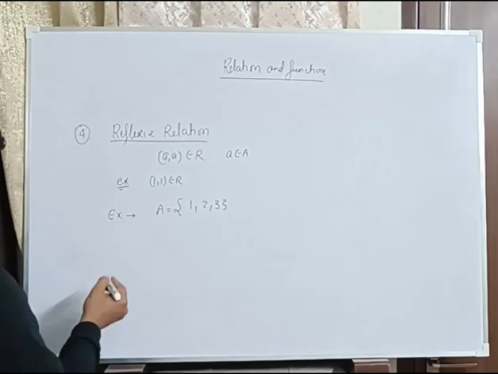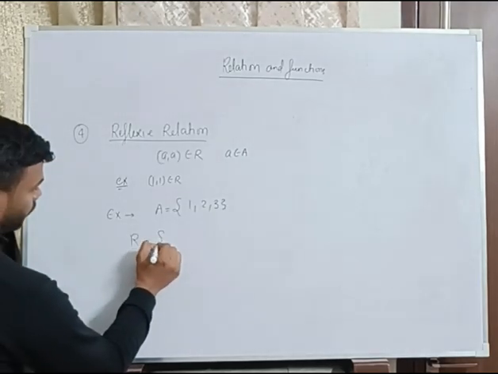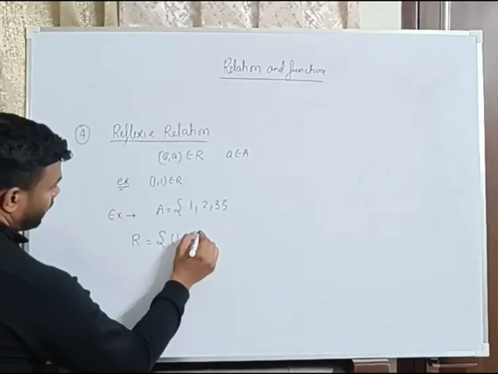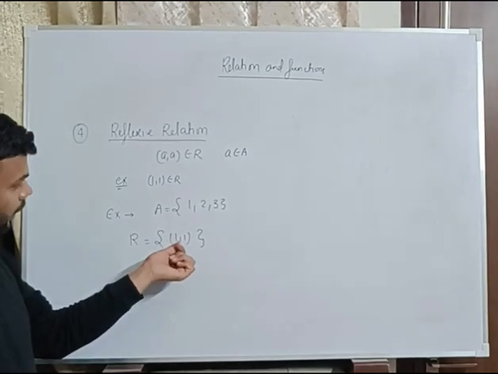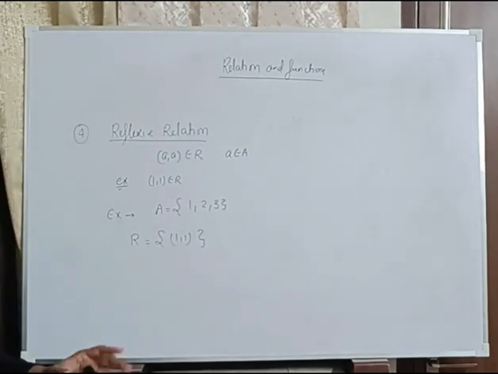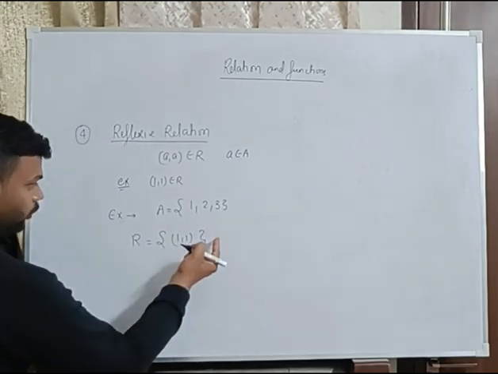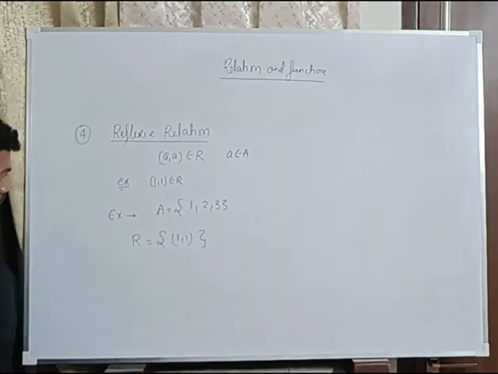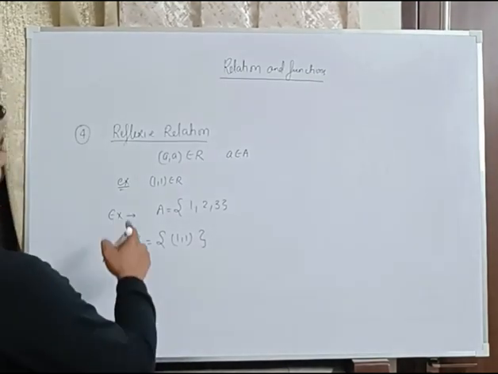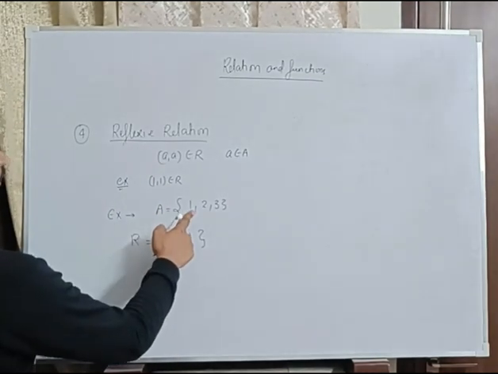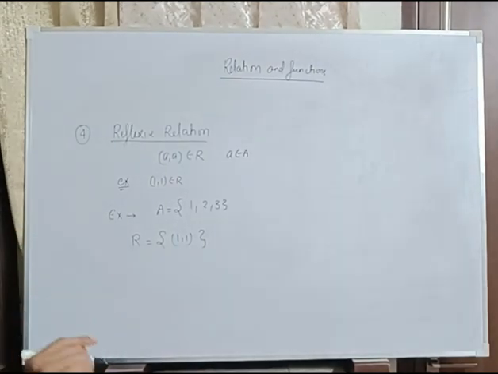If R equals 1 comma 1, then it is an identity relation because both the elements in the ordered pair are the same. But it is not a reflexive relation. Why? Because in a reflexive relation, all the elements should be connected with themselves.